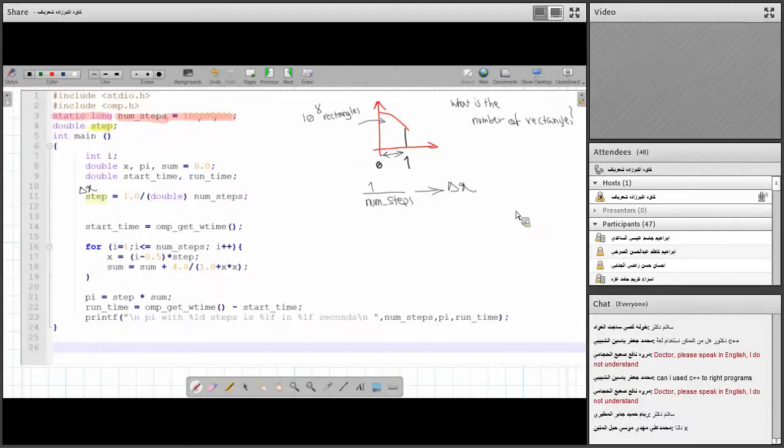So delta x is a very small number, 1 over 100 millions.